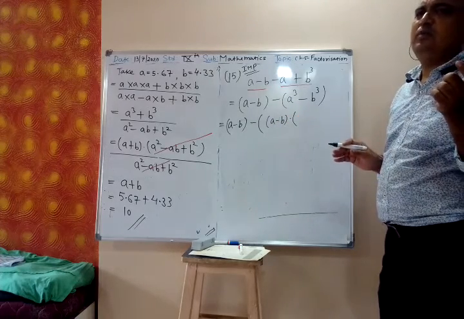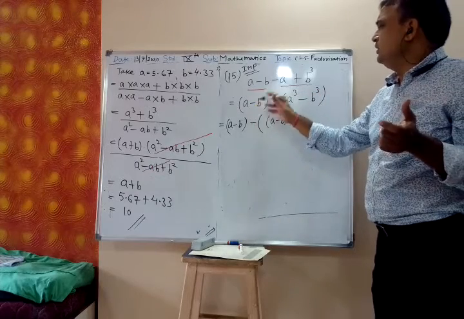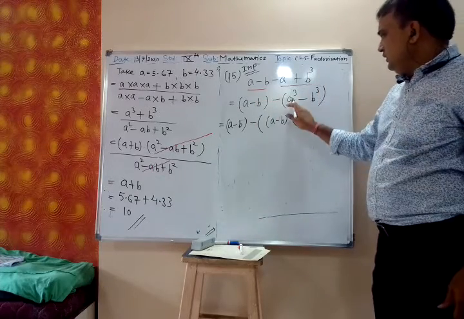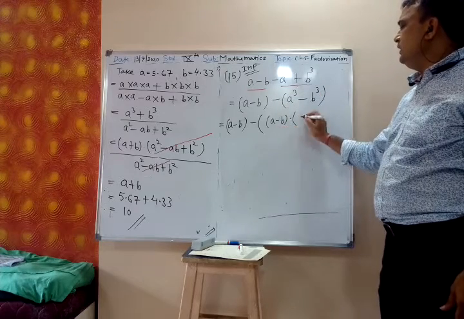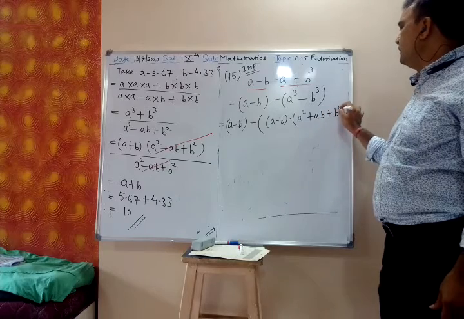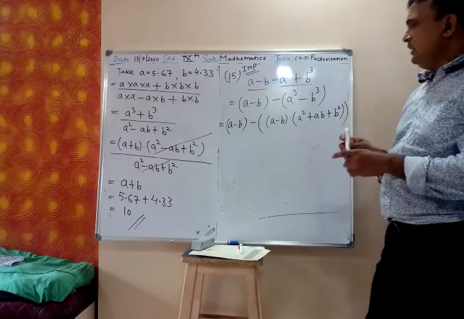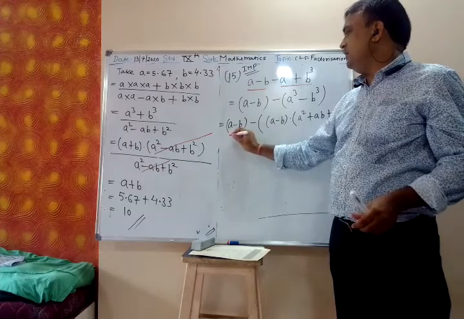How can you take the common A minus B? This is A cube minus B cube and this is A minus B. You cannot take common. First I will use the formula A cube minus B cube is A minus B, then A square plus AB plus B square. Now I will take the common.